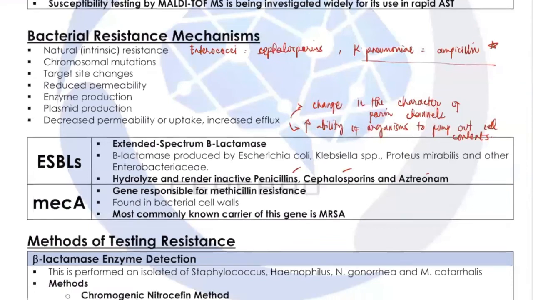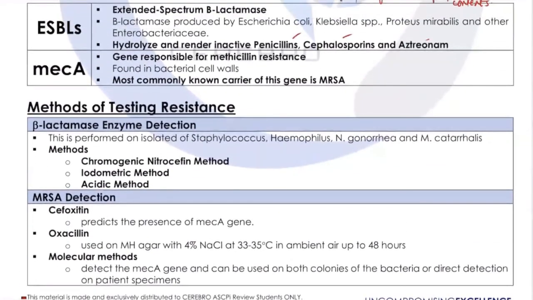Now, kung meron tayong mga method for antimicrobial susceptibility, of course, we also have our methods for testing resistance. Okay? So, first, we have the beta-lactamase enzyme detection. This is performed on isolated colonies or isolates of Staphylococcus, Haemophilus, Neisseria gonorrhoeae, and Moraxella catarrhalis.